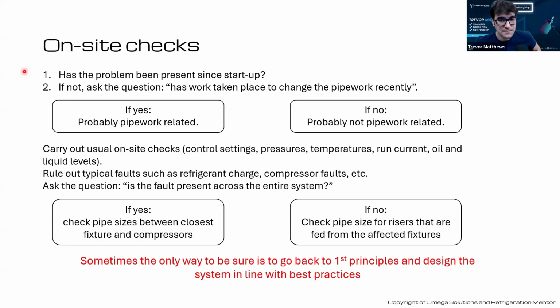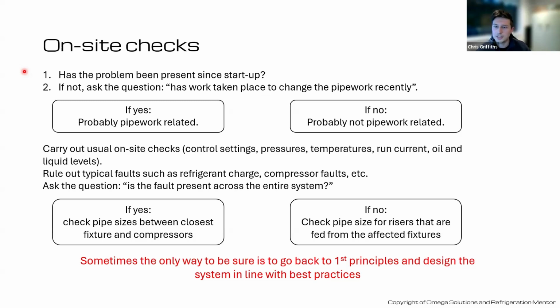Sure. Is the fault present across the entire system? If it is, you can narrow your scope down: search from the last fixture before it gets back to the compressor. If you rule that out, it may not be pipe sizing, unless you've got excessive pressure drop from that point back again, and then start breaking into sections.